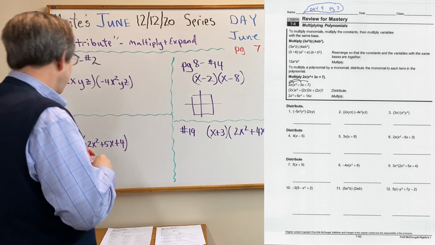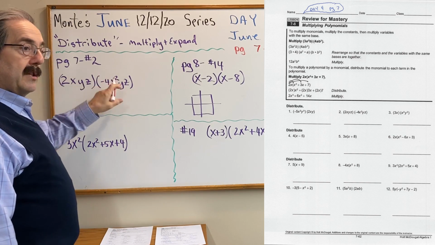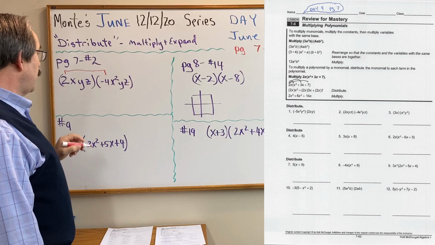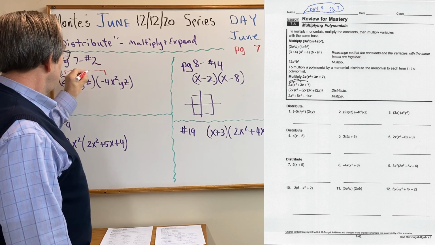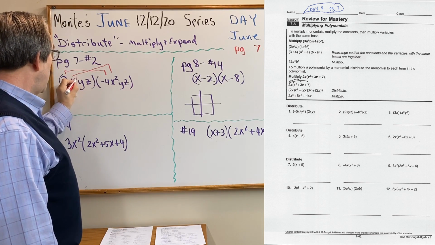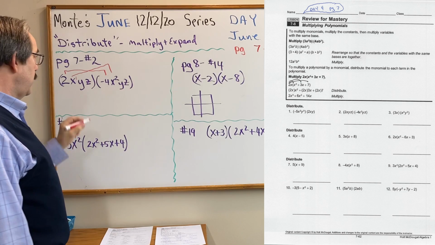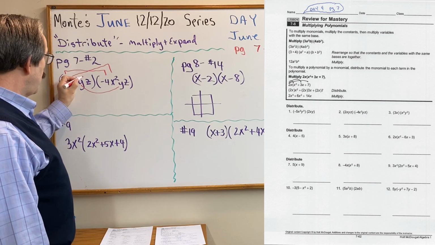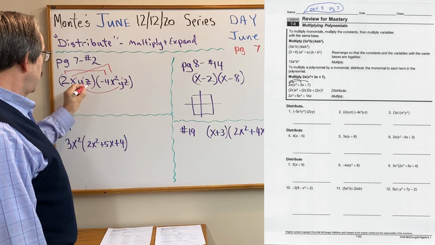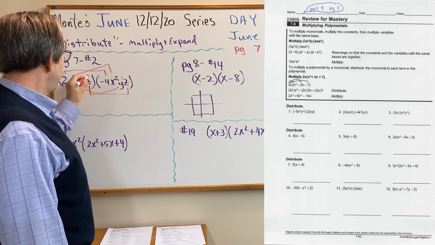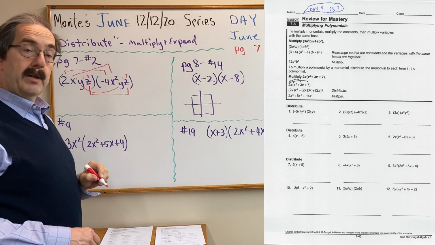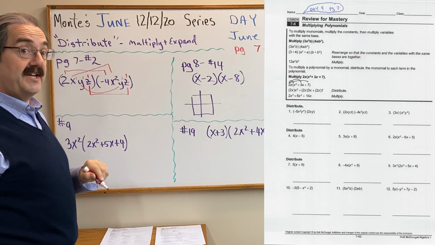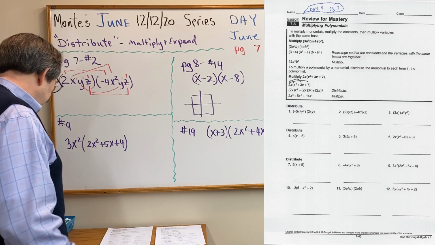Like term to like term. 2 times the negative 4. x1 times the x squared. y1 times y1. And z1 times z1. So we've got numbers, x's, y's, and z's. They're all going to change when we put them together.